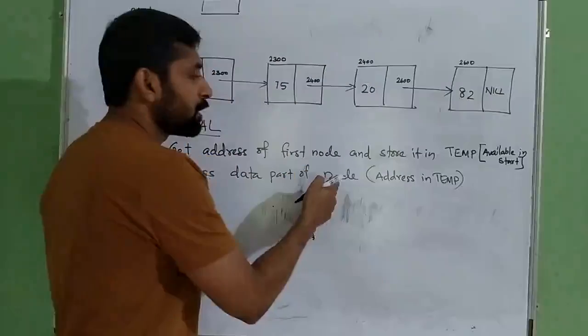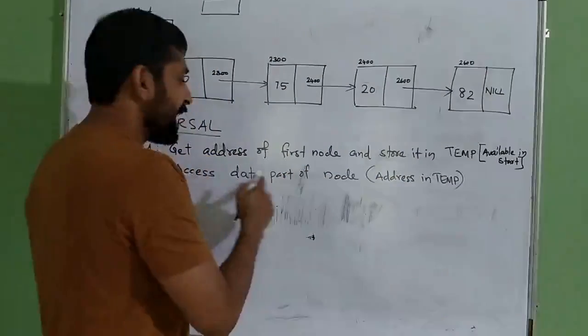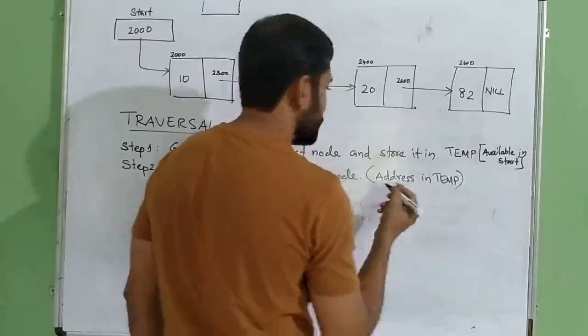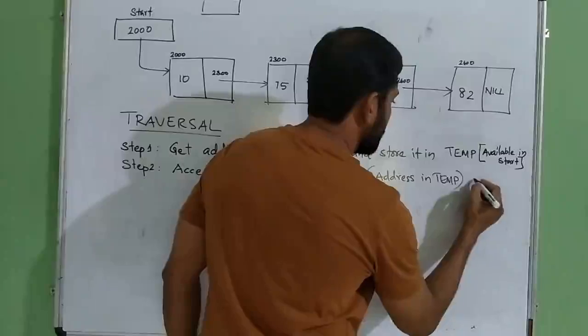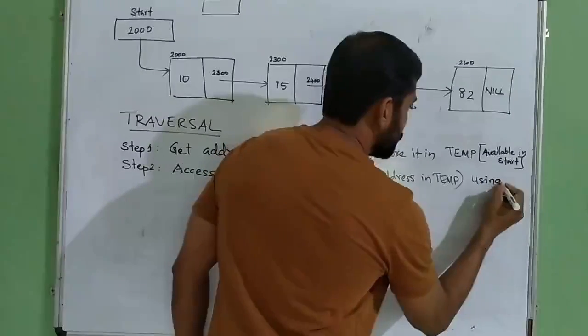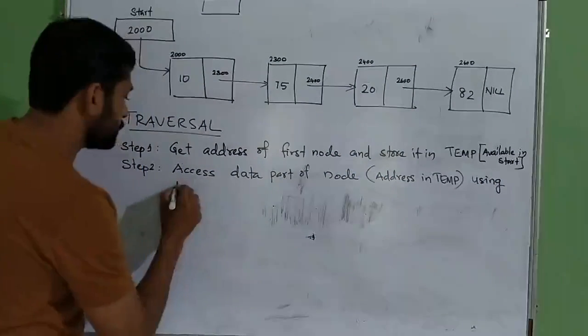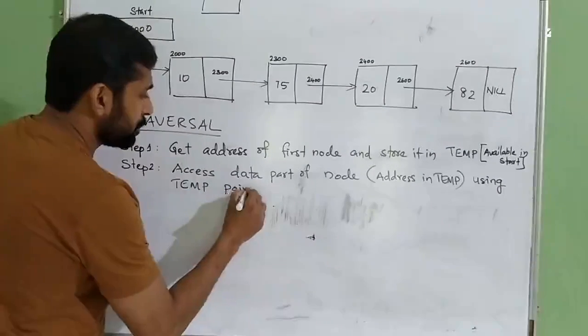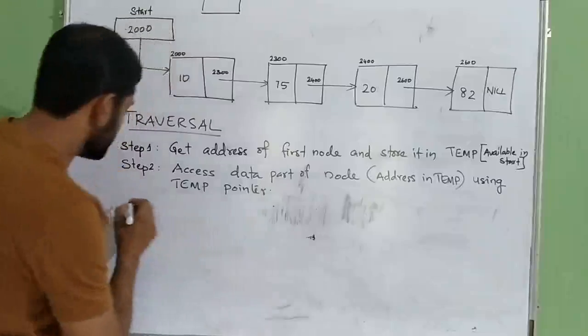The address of that particular node is kept in temp. So access the data part of the node using the temp pointer.